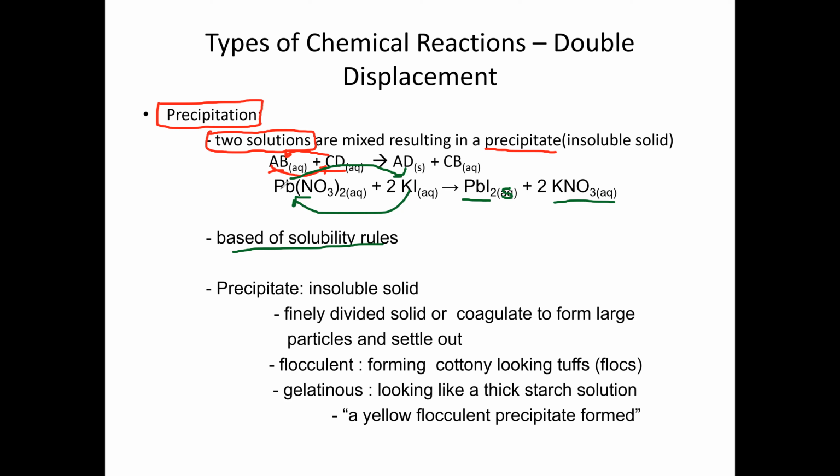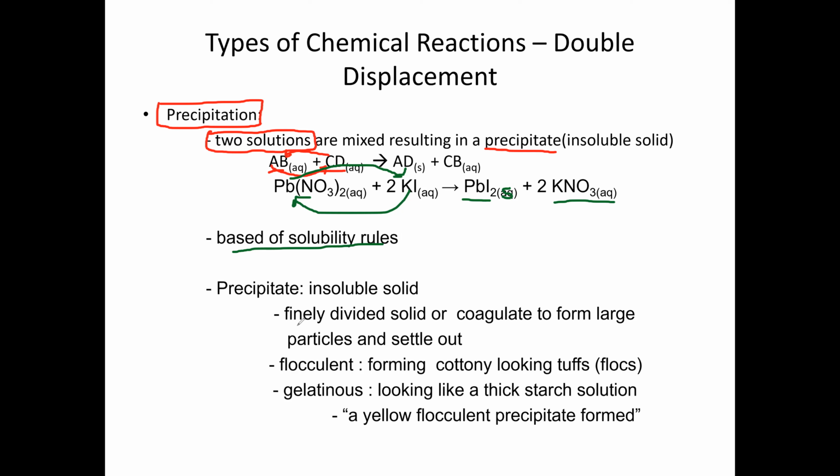So again, the two cations switch positions, and we form two new products. Then we check the solubility rules to see which one of these products is soluble and which one is not. And then we can give the label S for solid, meaning it's insoluble, and AQ for aqueous, meaning it's soluble. And you should be able to describe the precipitate. It's the insoluble solid.